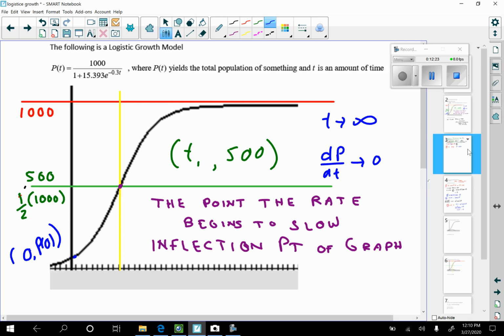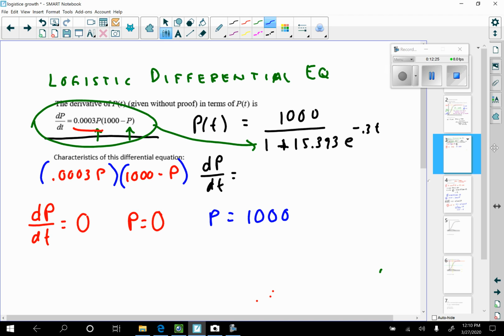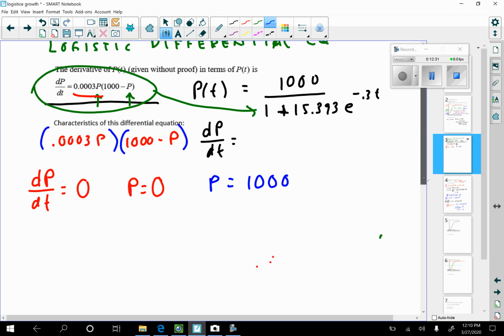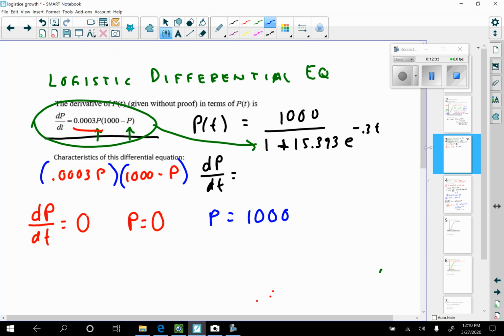Let's go back to our analysis of the derivative. What else do we know about that? Well, let's do this for giggles. Let's multiply this dP/dt out.